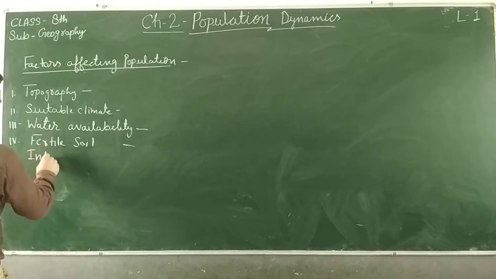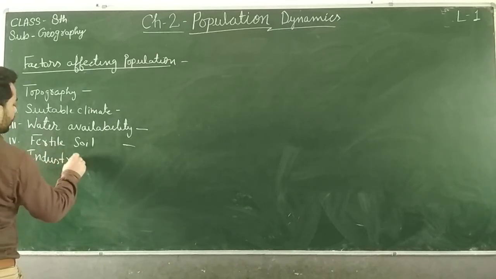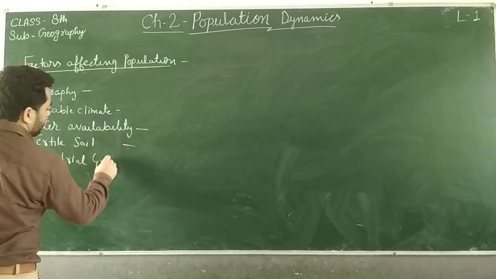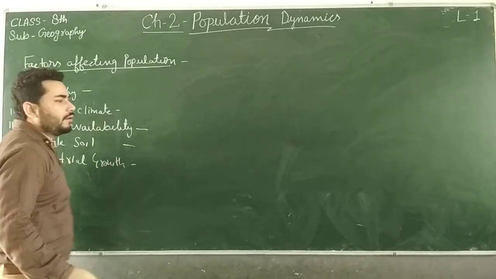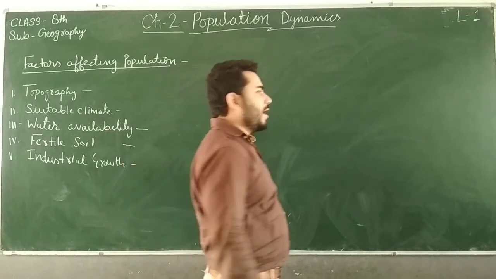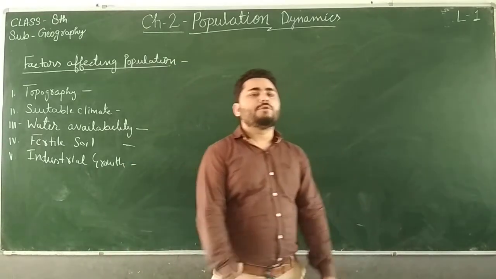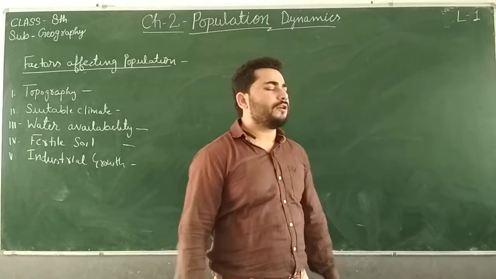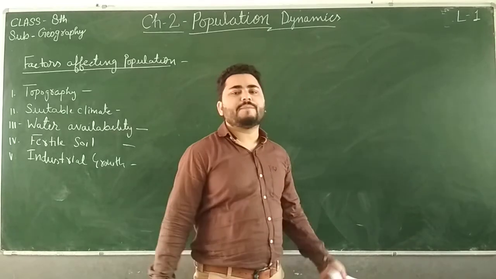So, in today's modern world, people take higher education, and after that, they look for jobs. Where do you get jobs most of the time? You get jobs in big industries.